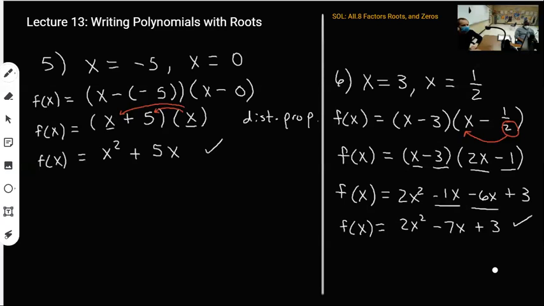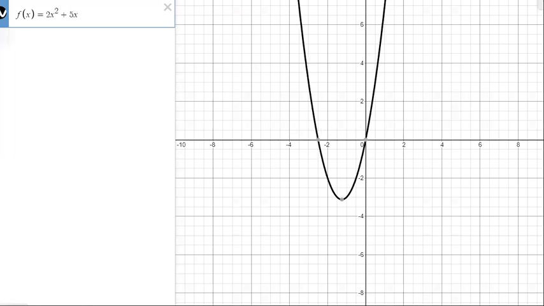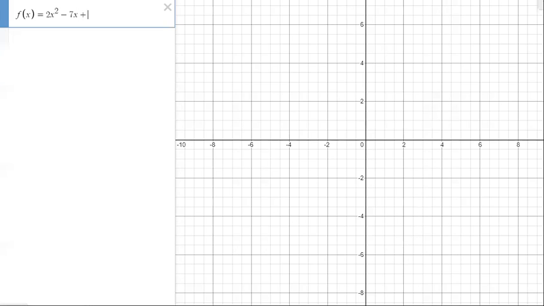Okay, so let's graph this and see what it looks like. I've got 2x squared minus 7x plus 3. So we type that in and we're looking at the graph now.